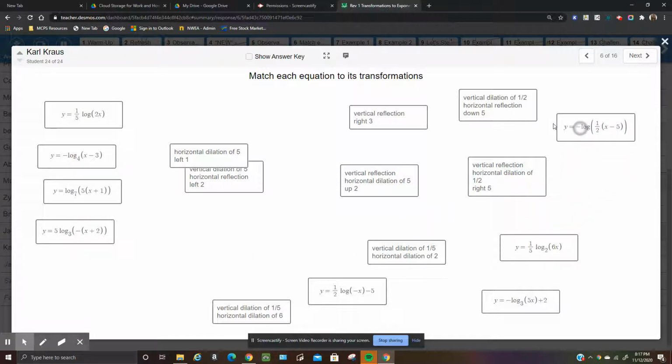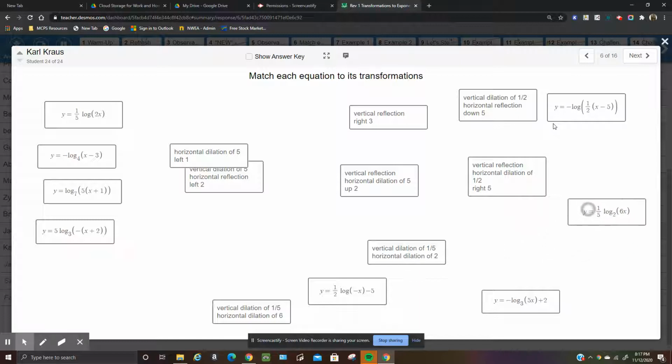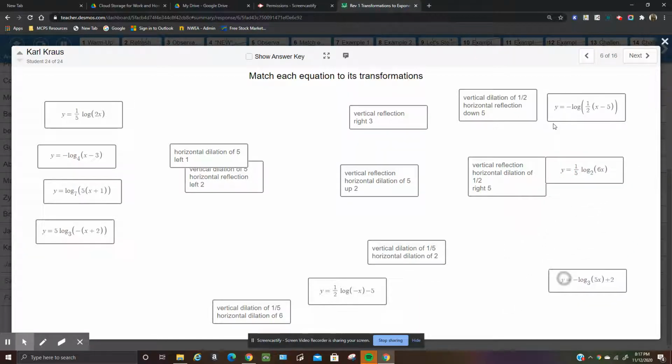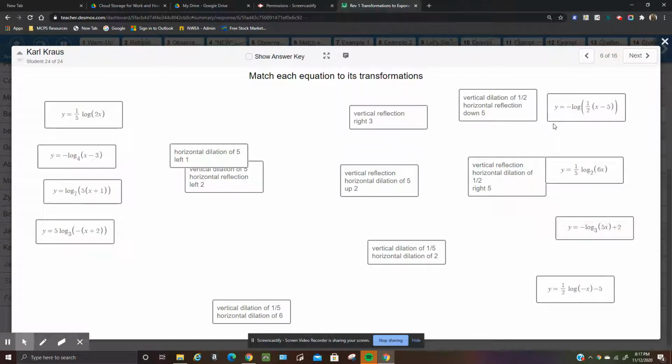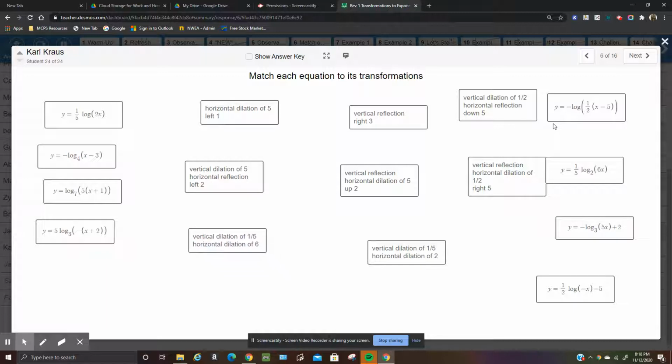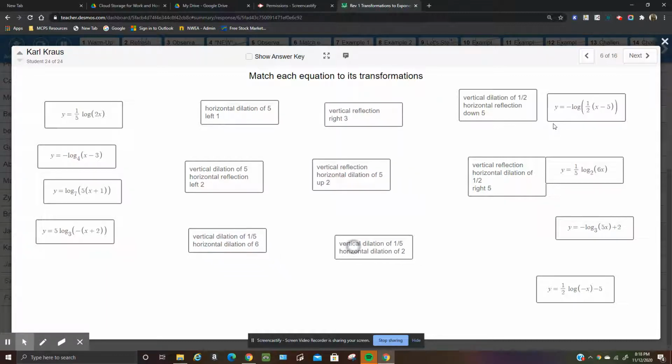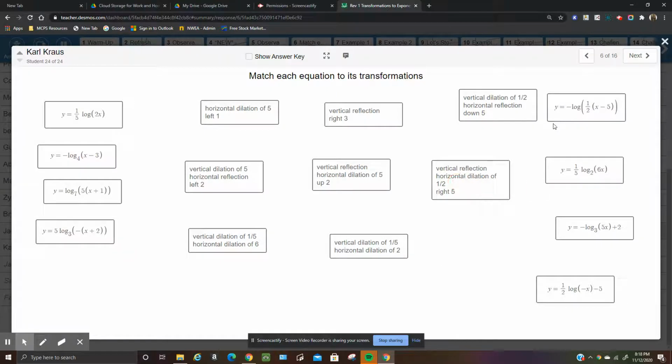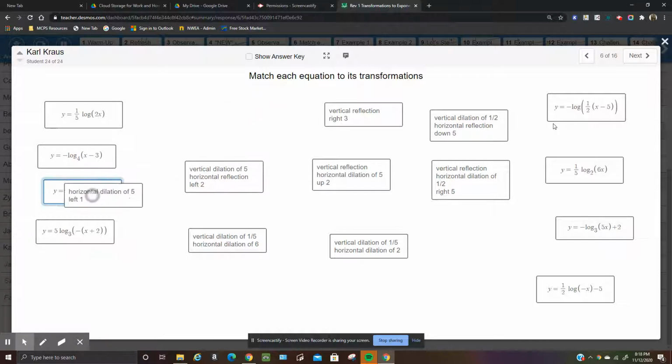And on the other side here. All right, these are all log graphs. So horizontal dilation of 5 and left 1. That goes with this one here.